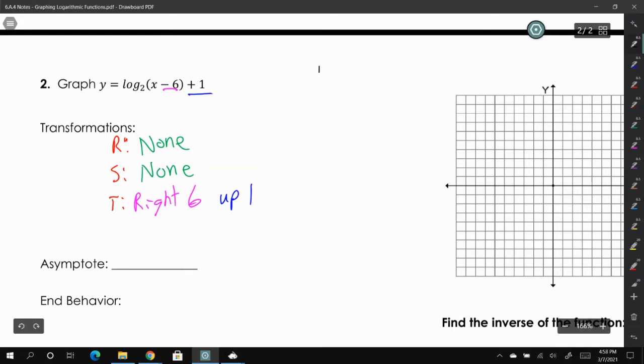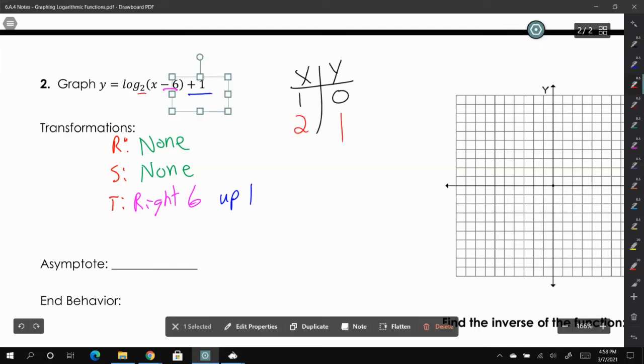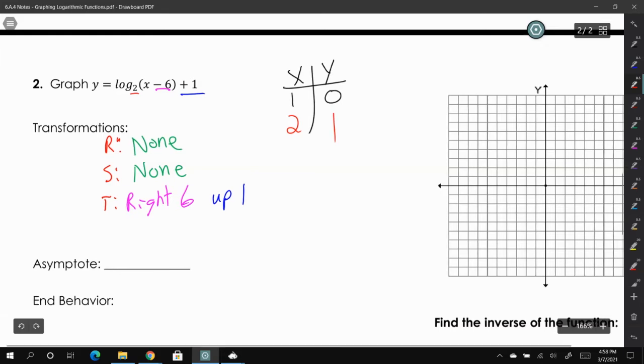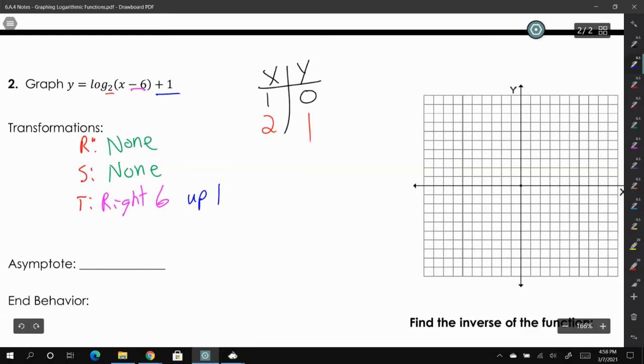So our table here, x, y, 1, 0, and our base is 2, so 2, 1. And normally you would say, oh, well, you're going to multiply all the y values by a, but our a value is 1, so you would still get the same y values if you made your third row.